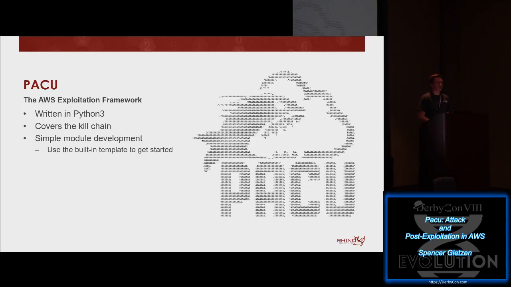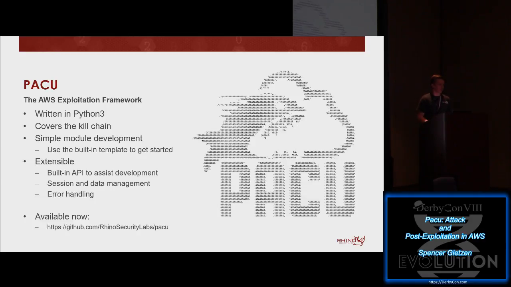There's a built-in template that I wrote. You can literally just look at it and start writing Python code using the Boto3 library, which is the AWS Python library. It's extensible, so there's a built-in API to assist with development. It takes a lot of unnecessary, repetitive code out of your hands, makes it easy to get started.